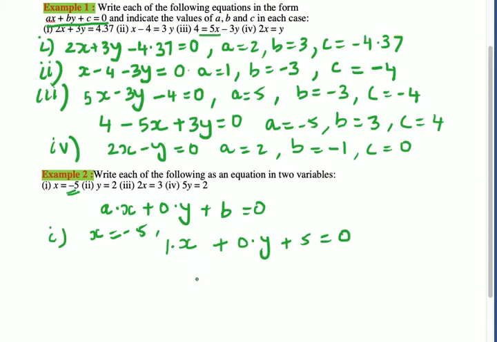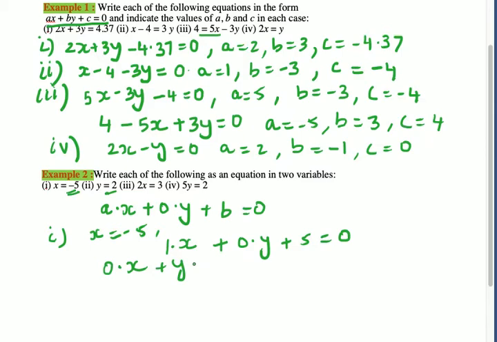So let's take the other problem. y is equal to 2. So this can be written as 0 into x plus 1 into y equal to 2, or 0 into x plus 1 into y minus 2 is equal to 0. So we have 0 as x coefficient, and we have y.